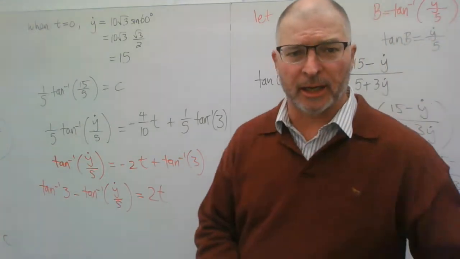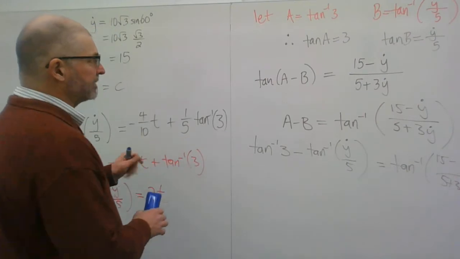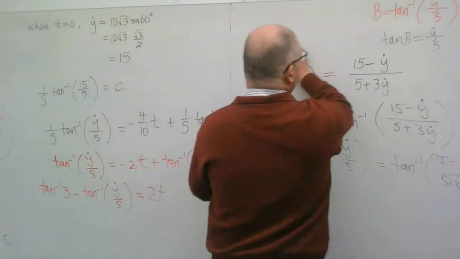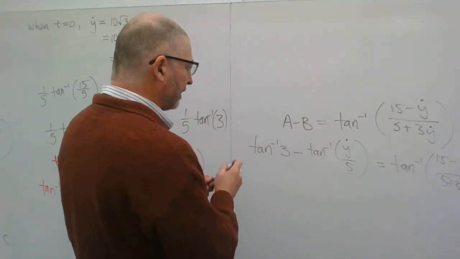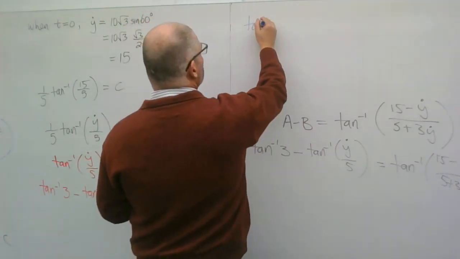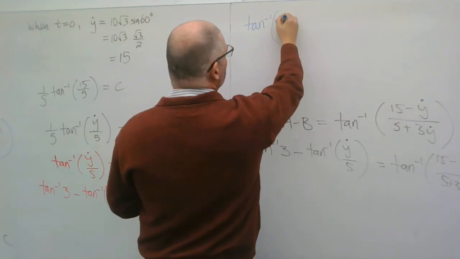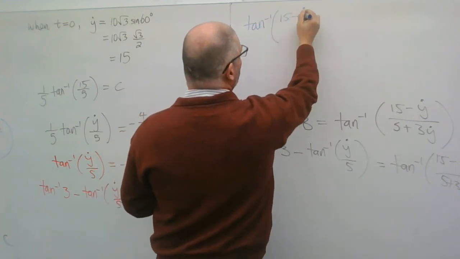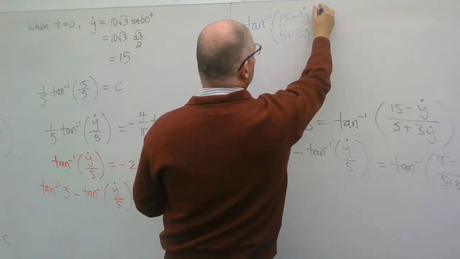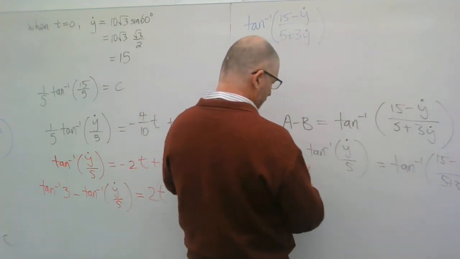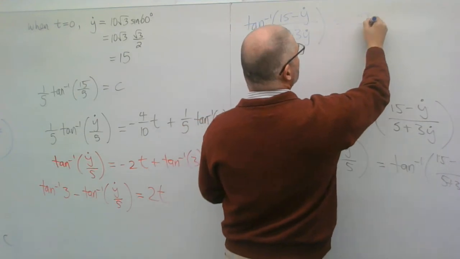I'm going to write that down up here where I've got some room: the fact that inverse tan of (15 minus y dot) on (5 plus 3y dot), which equals this, is equal to 2t.